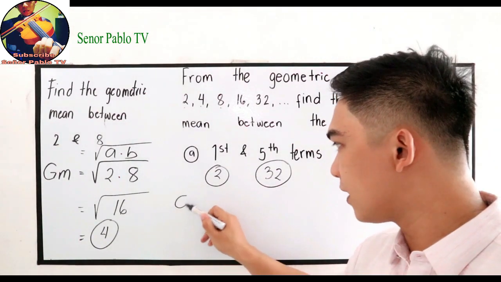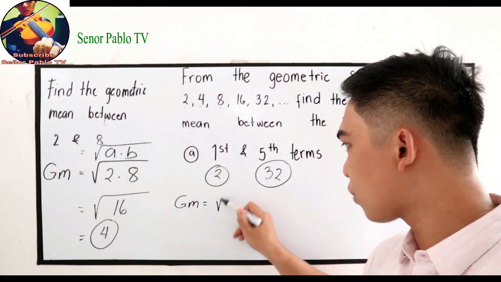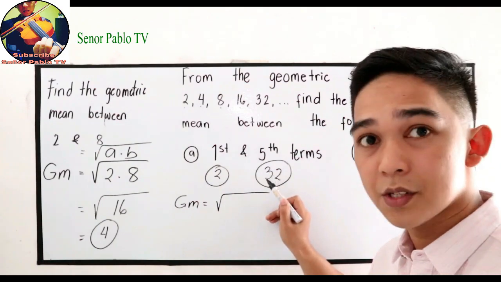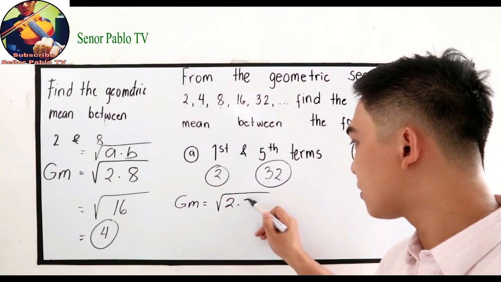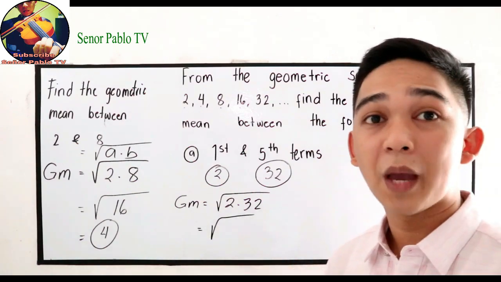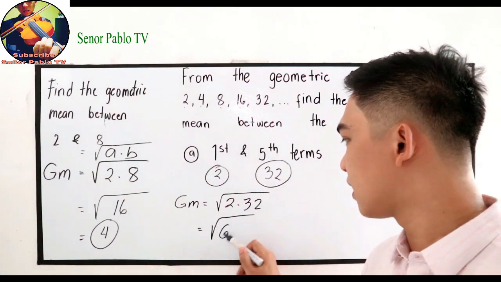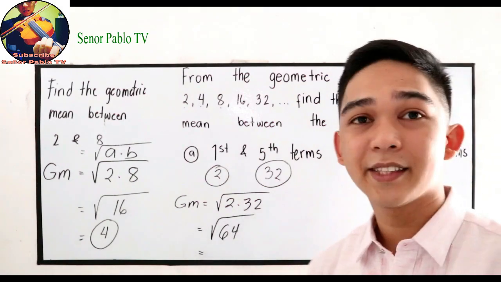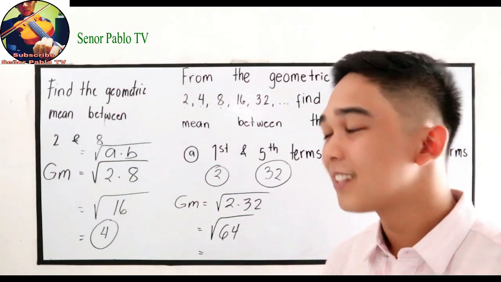So, geometric mean is equal to the square root of the two terms. Multiply 2 times 32. Square root of 2 times 32, 64. Square root of 64, that is 8.